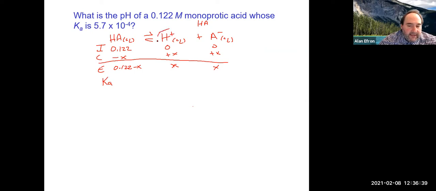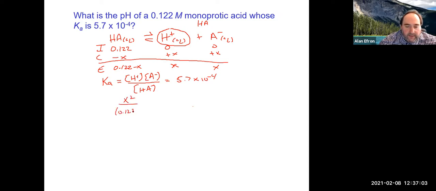We know it's a Ka expression because we see H plus on our product side, and that would get us our H plus, our A minus, and our HA, and that is going to equal our 5.7 times 10 to the minus 4. We're going to throw everything in there. It gets us x squared over 0.122 minus x is equal to 5.7 times 10 to the minus 4.